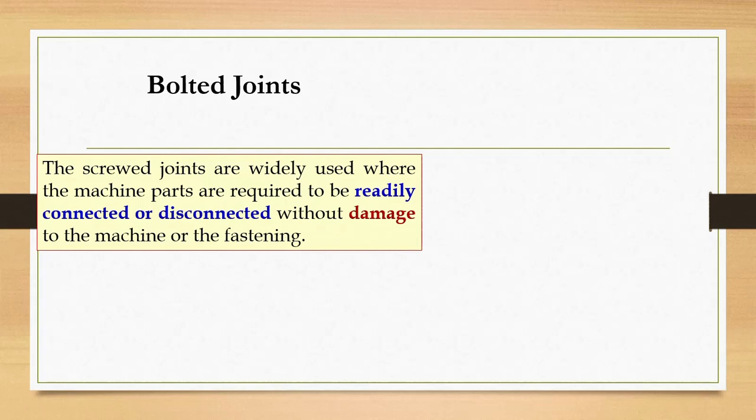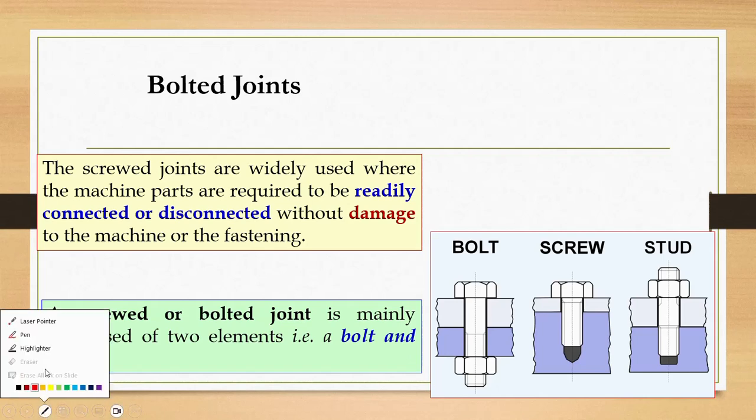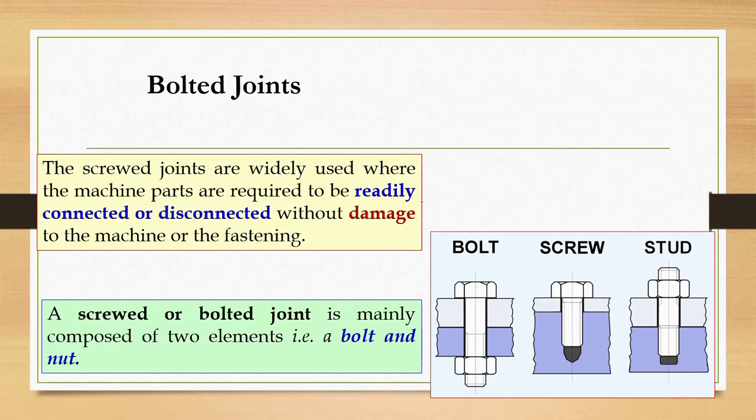So if you have a very simple cylinder, and I think you have done this in your first year using a lathe machine, in which you have a simple cylinder, you mount it on a lathe machine and provide threads over it. The idea of providing these threads is you require fastening, you require to connect two parts, and the easiest way of doing it is using the bolted joints.